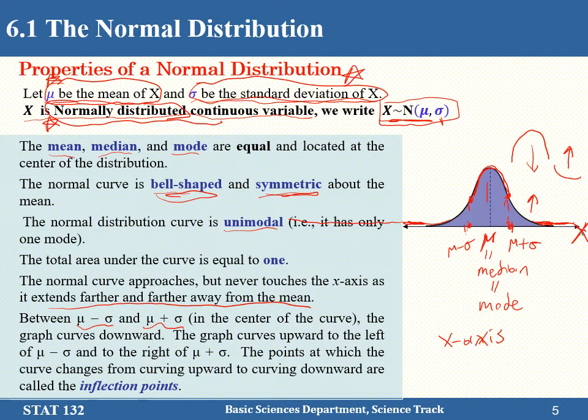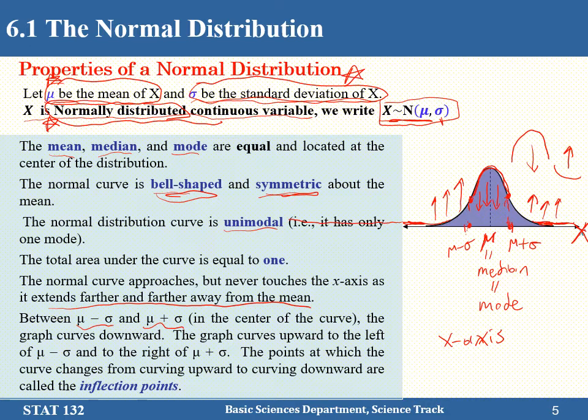And after mu plus sigma or before mu minus sigma, it's looking up. In mathematics, we say it's concave up or concave down, or convex up, convex down.